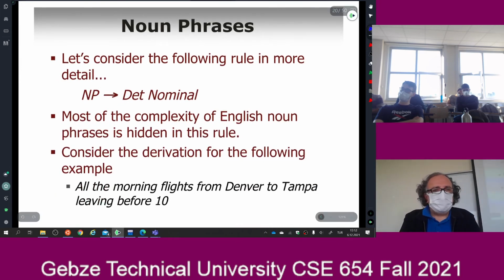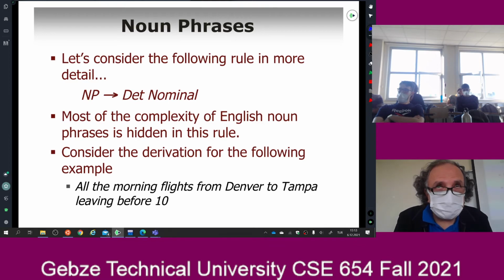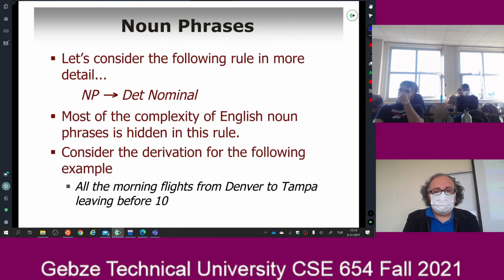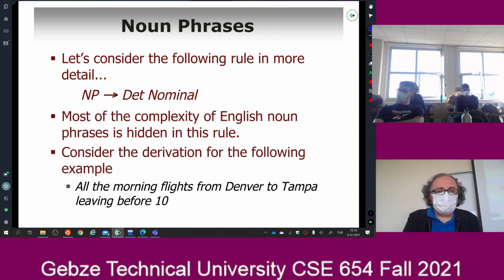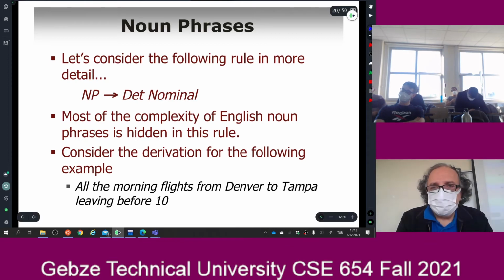Noun phrases are the complex part of English, because this is a noun phrase: "all the morning flights from Denver to Tampa leaving before 10." It's a noun phrase. Why is it a noun phrase? Because I can put this in a sentence. "Flight is cancelled."